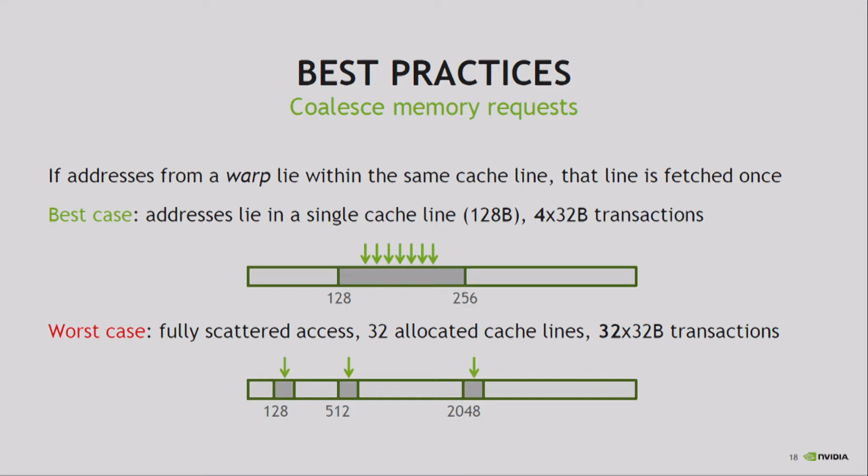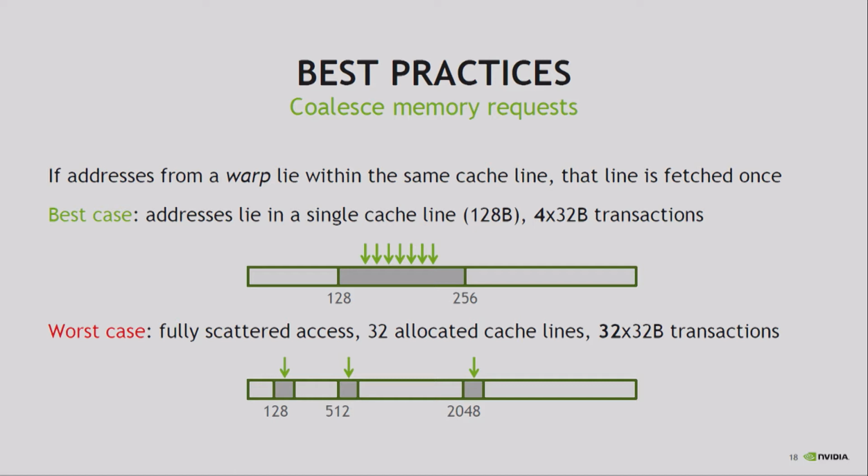And GPUs, they have caches, and it works very similar as on the CPU. But the big difference here is that we look at the accesses per warp, right? So we don't look at individual thread accesses. We look at the whole warp, 32 threads. And if this whole warp accesses one cache line, then we're going to move this cache line. If this whole warp accesses completely scattered locations, then we're going to move all these locations, and it's going to be very costly.